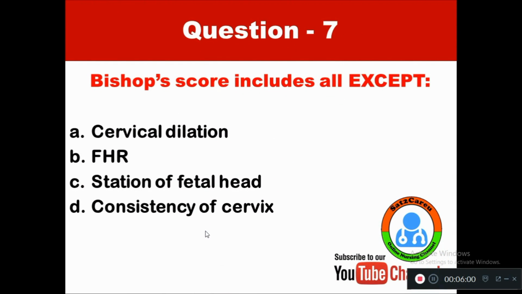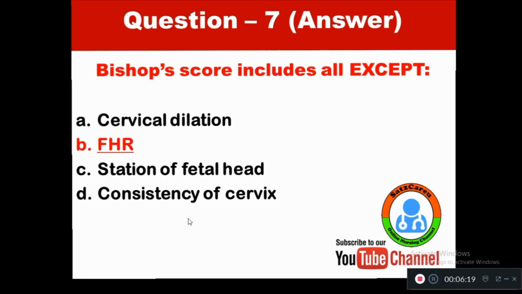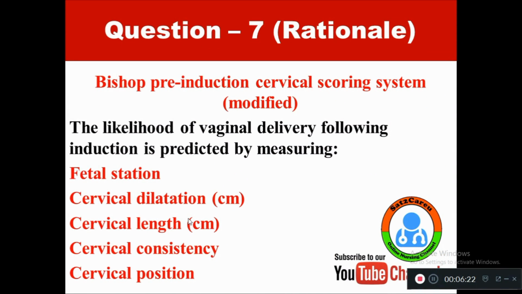Seventh question. Bishop's score includes all except: option A, cervical dilation; B, fetal heart rate; C, station of fetal head; D, consistency of cervix. The right answer is fetal heart rate; it is not a component of Bishop's score. Let us see the other components of Bishop's score here.